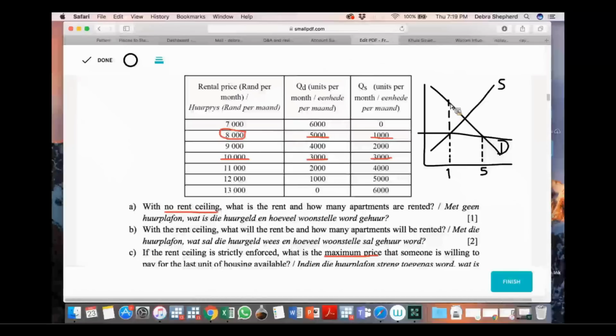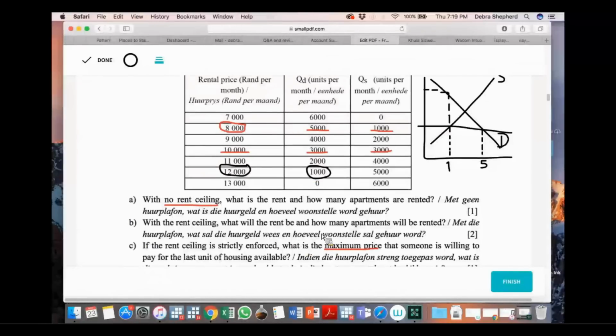However, if you go up to the demand curve, that then will tell you what is the maximum price the last person who rented a house was actually willing to pay for that house. In the table, the way we find that is we look at QD and we see that quantity demanded would be 1,000 at a price of 12,000 Rand.